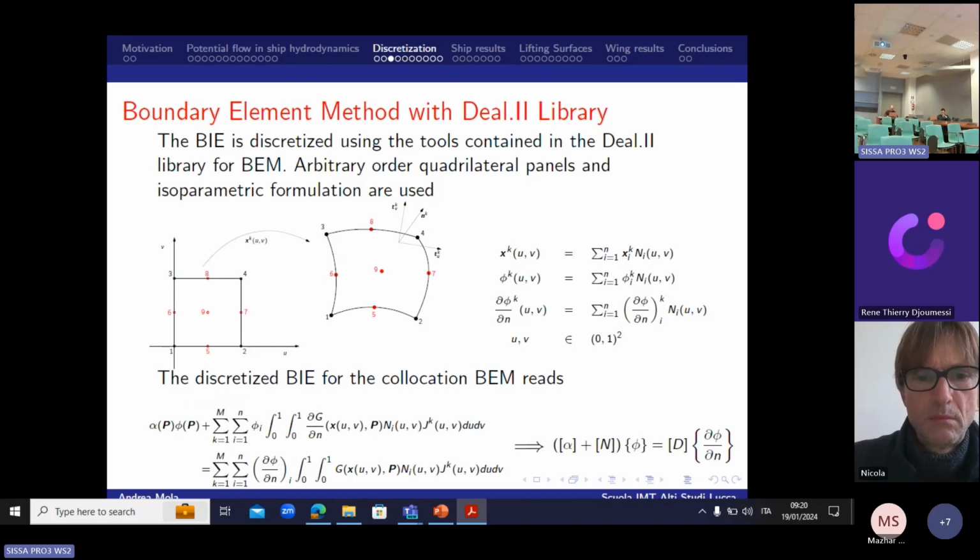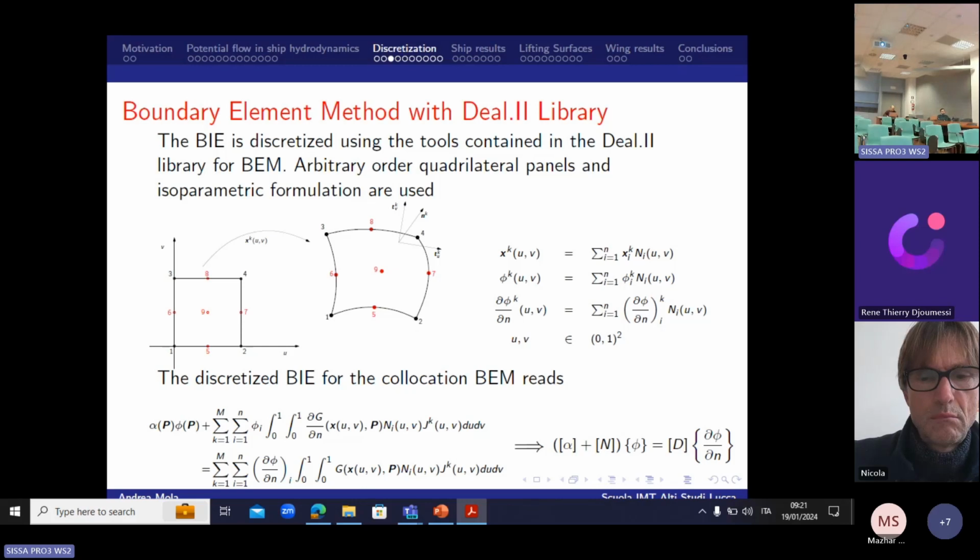What we do is basically we write a single boundary integral equation for every degree of freedom of the computational grid. Therefore, we are using a collocation boundary element method. This is how we discretize potential, the position of the point, and the potential normal derivative.